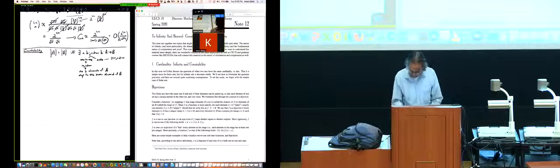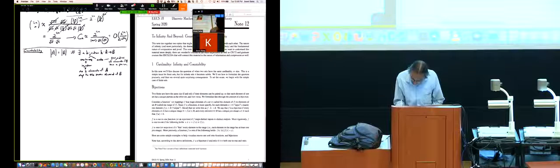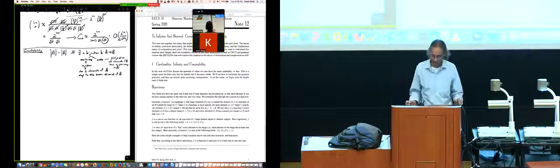Surjective means that all elements of B have a preimage in A. There's something in A that maps to them.